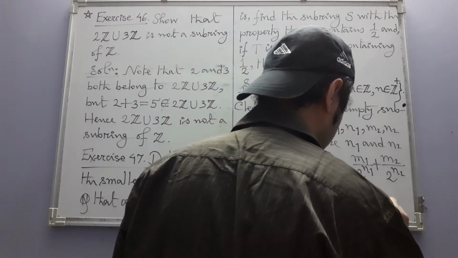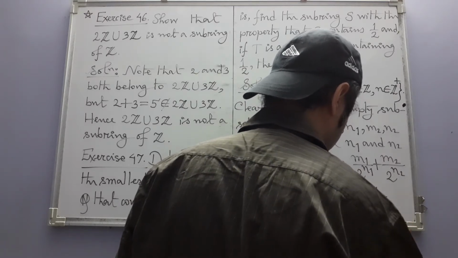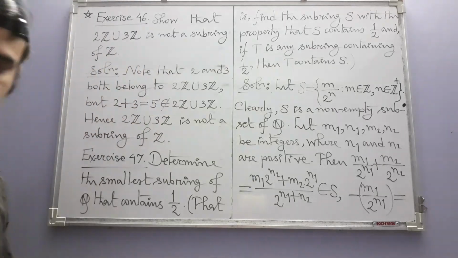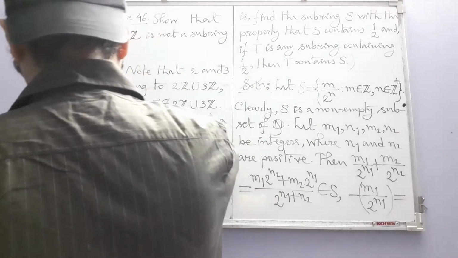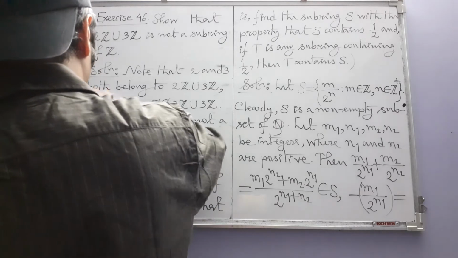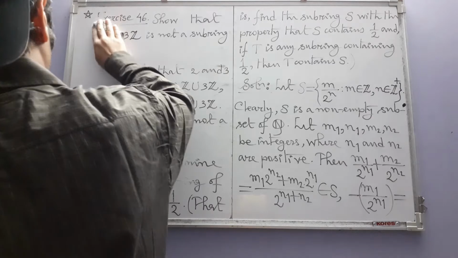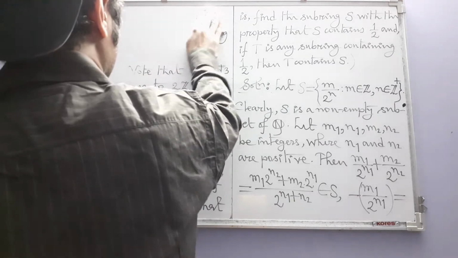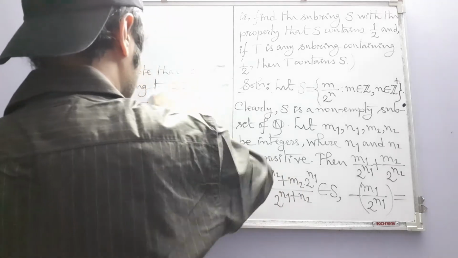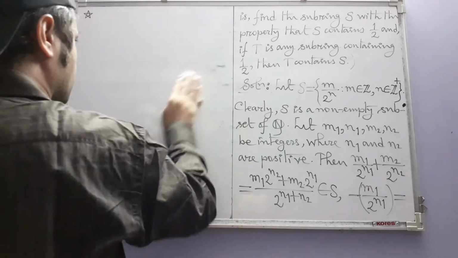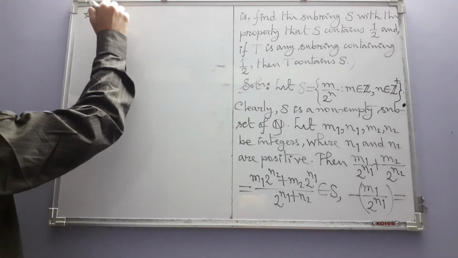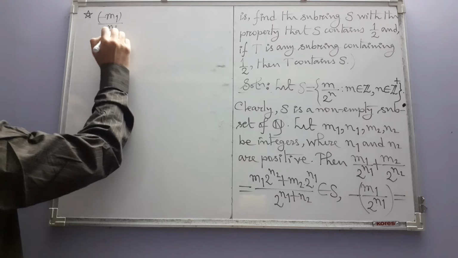The additive inverse of this element, the negative of this number, is equal to minus m1 divided by 2 to the power n1.